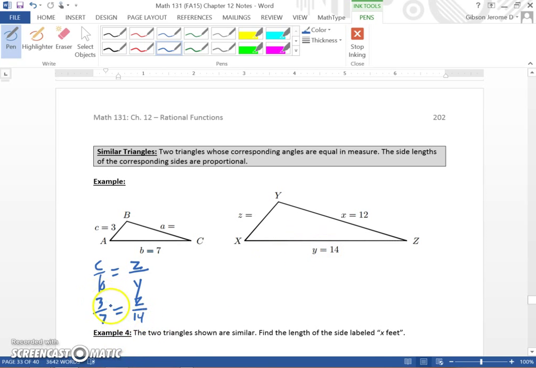Now, if we look here, we could do cross multiplication. We have 3 times 14 is equal to 7 times Z. 3 times 14 will give us 42, and it equals 7Z.